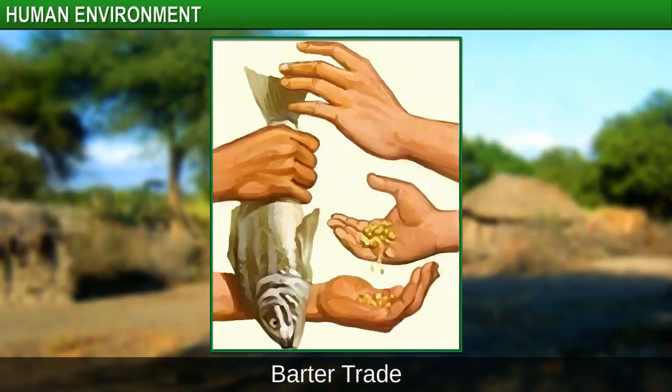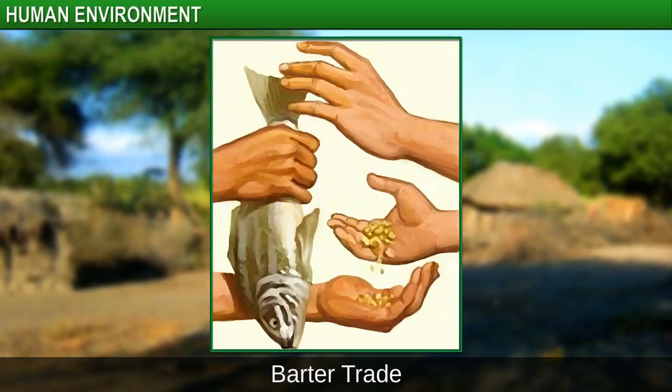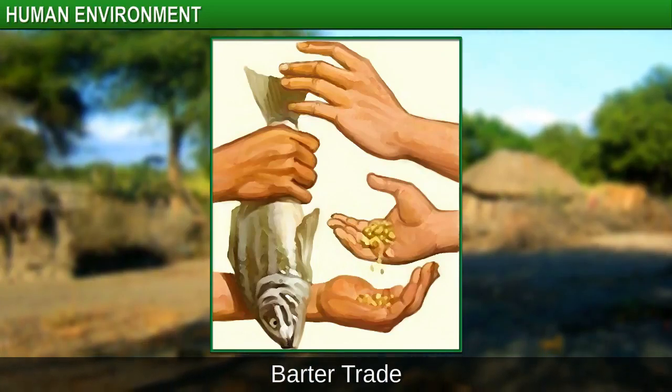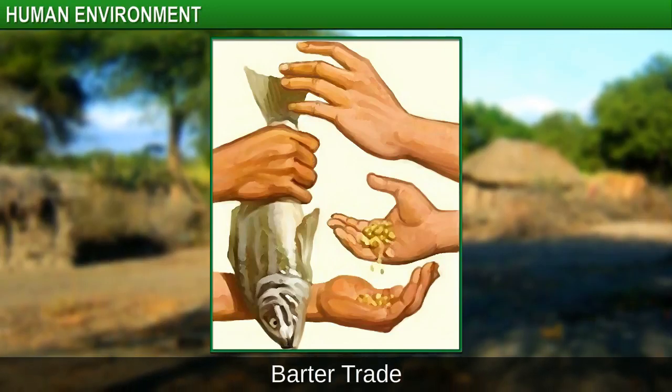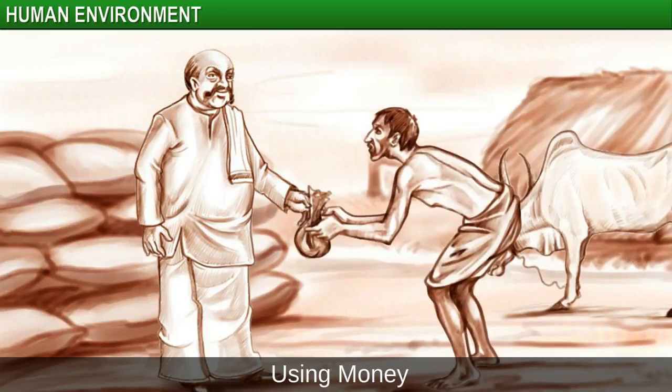Once settlements came into existence, human beings began to trade articles among themselves. This was called barter trade. For example, a person needing a cow could exchange his bags of wheat for a cow. Slowly, trade using money started replacing the barter system.